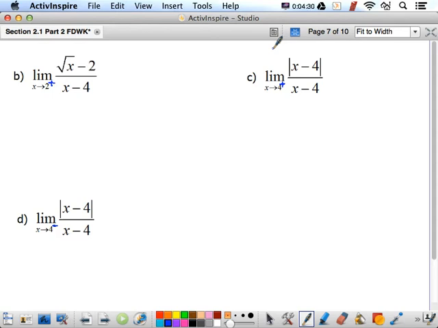So let's plug the 2 in, and what do we get? Square root of 2 minus 2 over negative 2. Well, it's an odd limit, agree? But it's a number. So even though we're plugging in from the right, when we look at it algebraically, there's nothing to suggest that there's any reason that that limit wouldn't exist. There's no jump, there's no oscillation, there's no, what am I looking for?